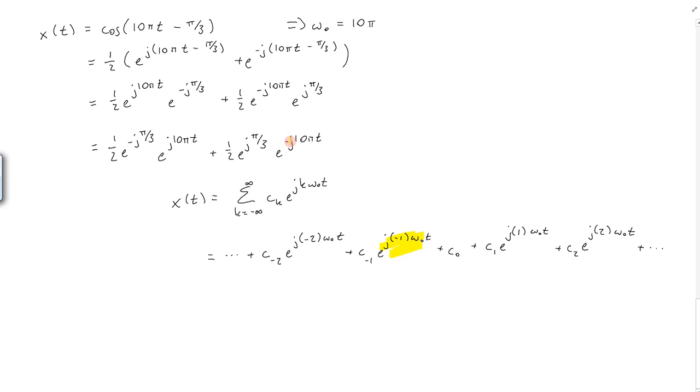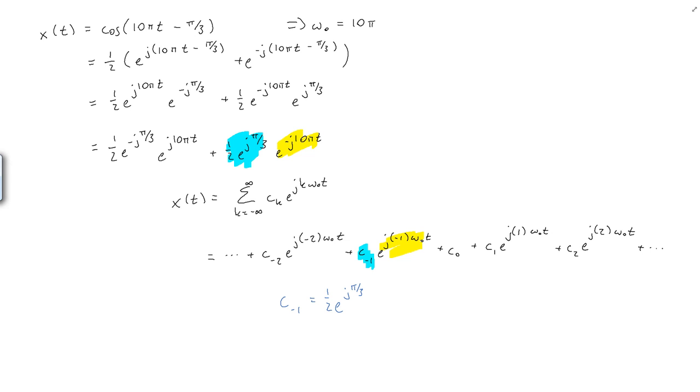We have a term e to the minus j 10 pi t right here. And therefore, the corresponding coefficient, c sub negative 1, must be this whole quantity. Therefore, we can write that c sub negative 1 is equal to 1/2 e to the j pi thirds, simply by inspection between these two equations.